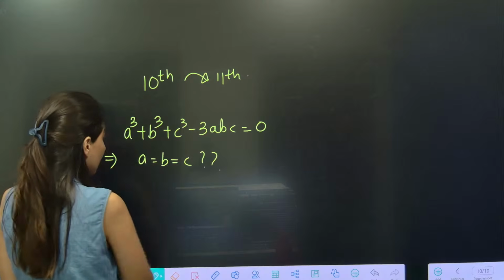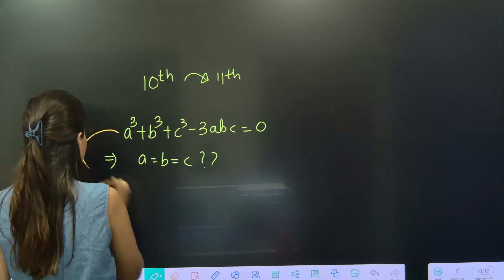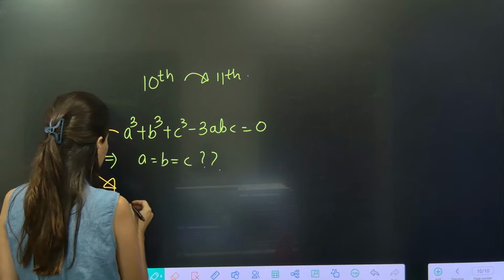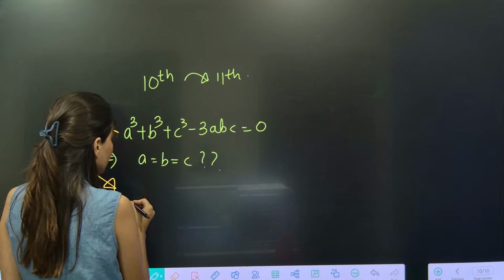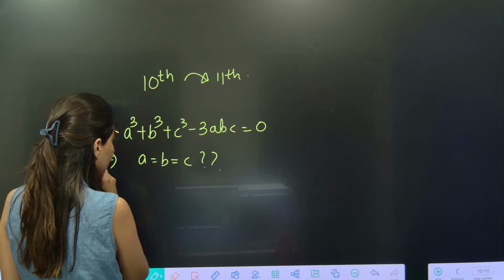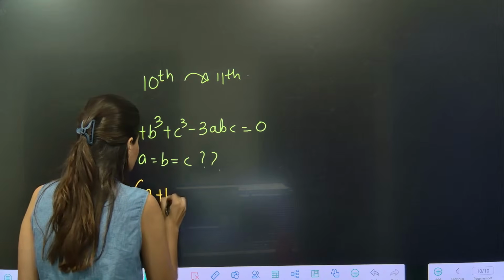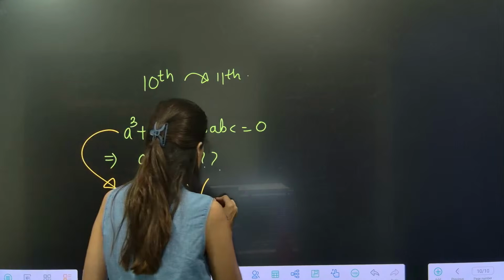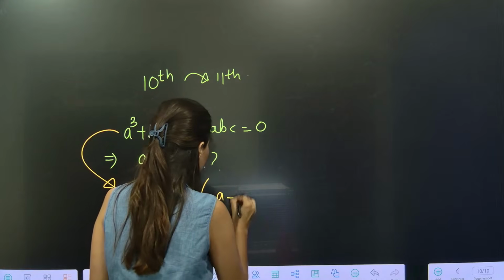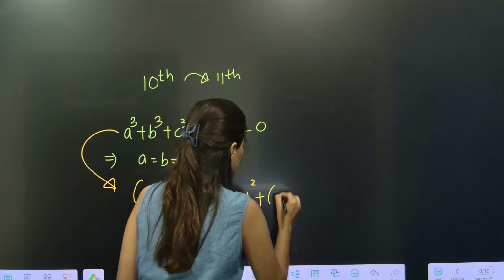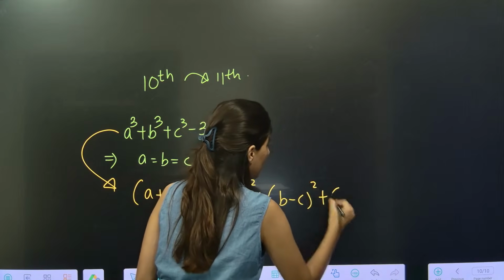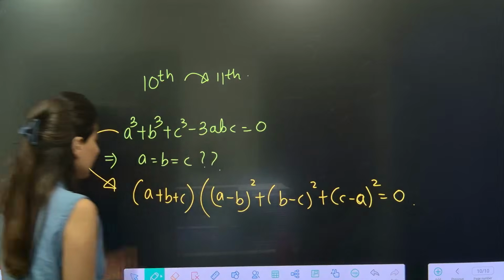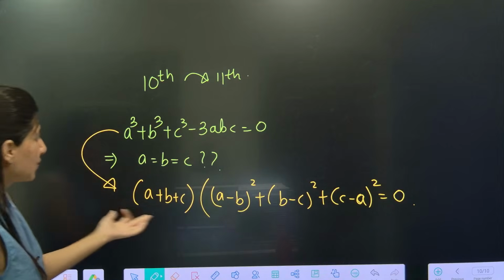Okay, how? A is equal to b is equal to c. So over here, if you factorize this, you will get a plus b plus c, and here you will get a minus b whole square plus b minus c whole square plus c minus a whole square is equal to 0. Okay. So this is what you are going to get.